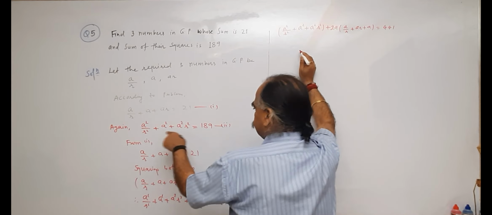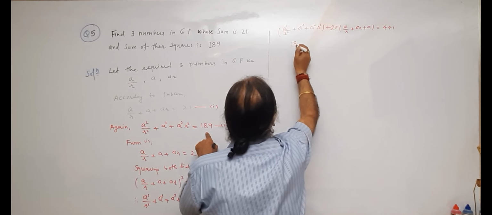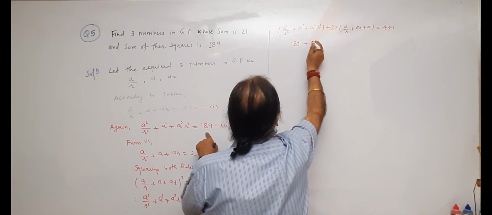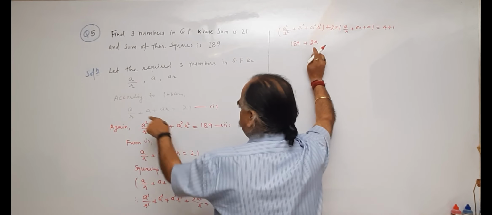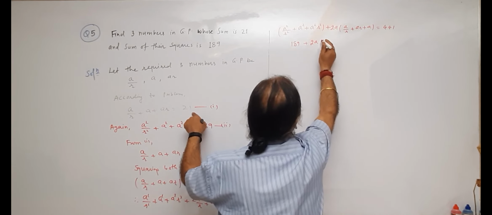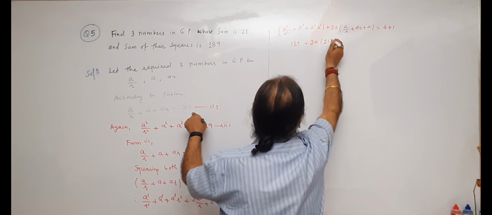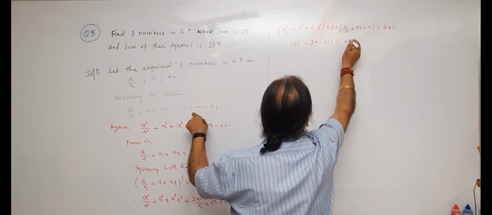From equation number 2, this is 189, plus 2A into, from equation number 1, this is 21, is equal to 441.